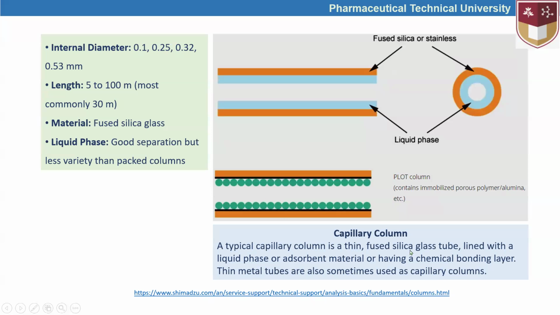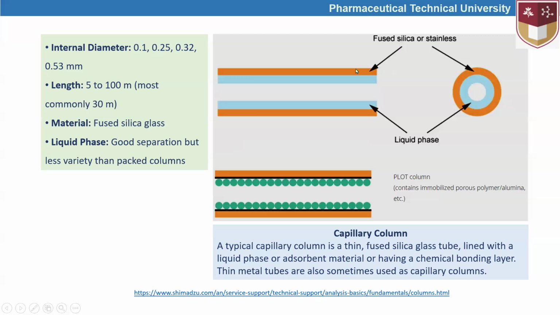And this is a capillary column. The internal diameter can be 0.1, 0.25, 0.32, or 0.53 millimeters in practice. The length, again, can reach 100 meters, in most cases around 30 meters. The materials are fused silica glass, and the liquid phase provides good separation, but less variety than packed columns.